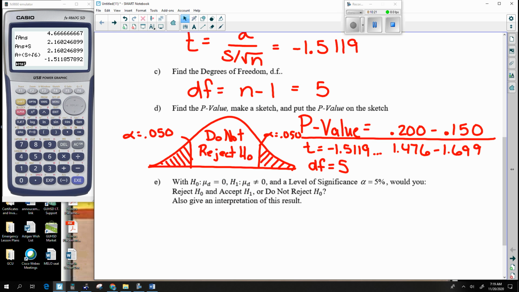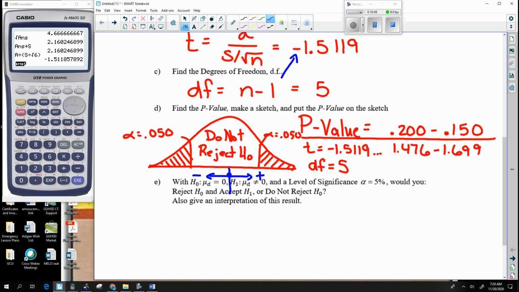But very technically, where it goes is dependent upon the sign on either your Z or T. Here the T happens to be negative. It's positive if you're on the right-hand side, negative if you're on the left-hand side. So technically this is on the left-hand side.